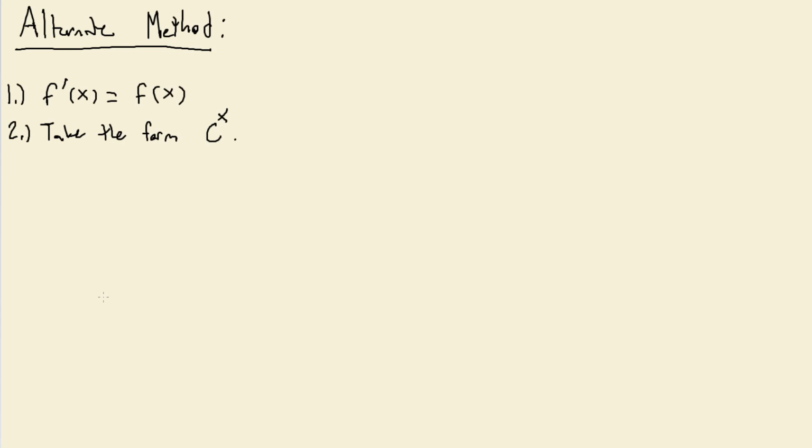And so if we know that this is going to take the exponential form, then we know that the value of this function at x equal to 0, c to the power of 0, is going to equal 1. And if we know that the derivative of the function is equal to the function, then f prime of 0 is also going to be equal to 1.